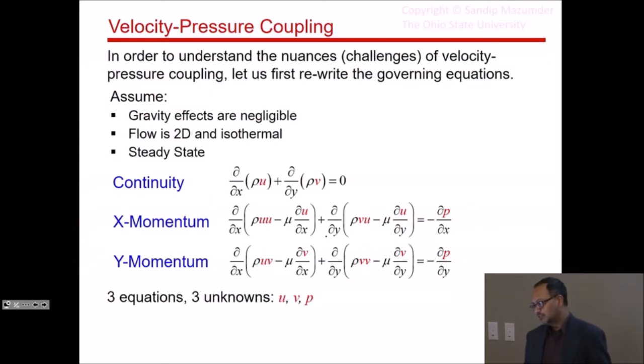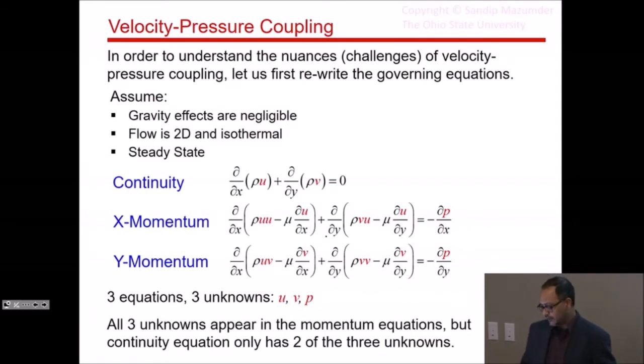So I've marked all the unknowns in these equations in red color. As we know in the pressure-based method, our unknowns are the primitive variables, u, v, and p. We are not solving for rho u, rho v, rho w like we do in density-based methods. Now all 3 unknowns appear in the momentum equations, as you can see.